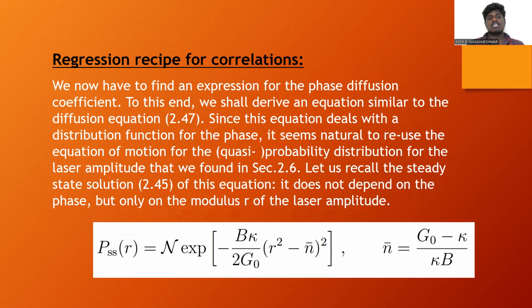Since this equation deals with the distribution function for the phase, it seems natural to reuse the equation of motion for the phase probability distribution for the laser amplitude that we found in section 2.6. Let us recall the steady state solution of this equation. It does not depend on the phase but only on the modulus r of the laser amplitude.